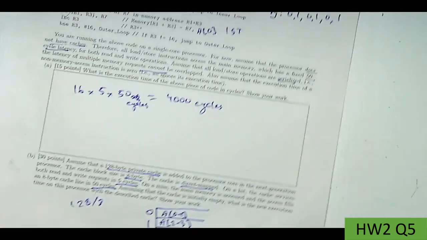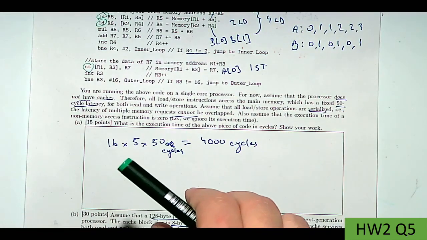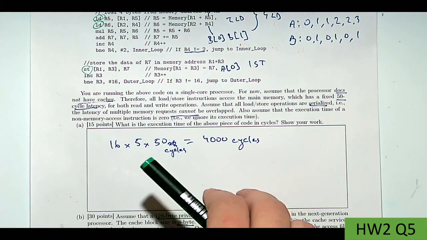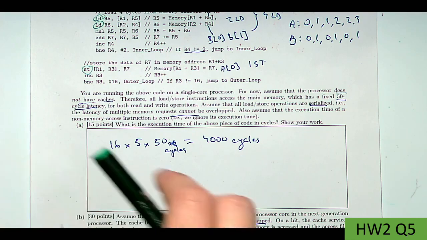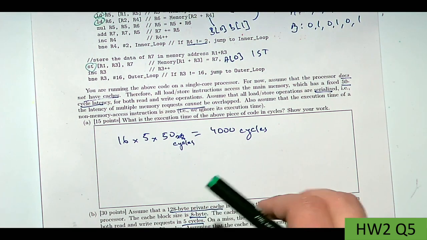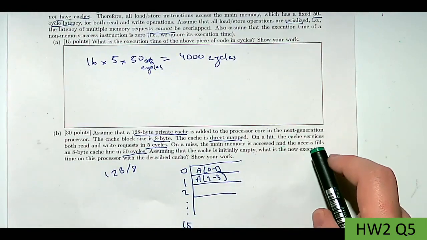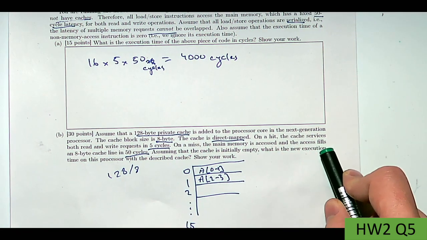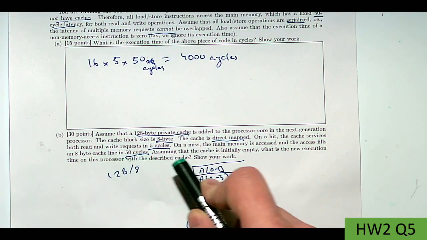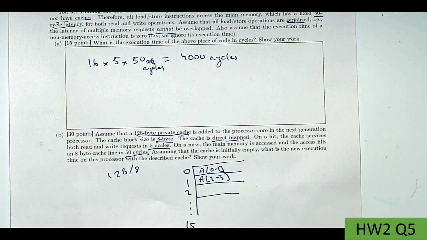Yeah, so I don't remember what we did in the question, but it's not very explicitly stated what happens exactly. In the question, it says, on a miss, the main memory is accessed, and the access fills an 8-byte cache line in 50 cycles. So that will mean you should also apply another 5 cycles to bring the data from the cache to the processor, right?